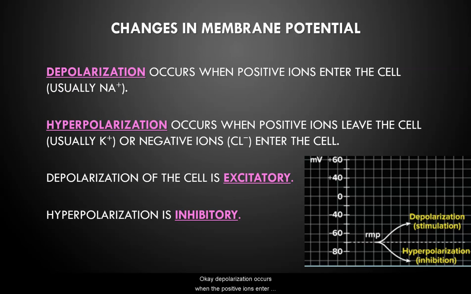Depolarization occurs when positive ions enter the cell. This is usually sodium. And hyperpolarization occurs when positive ions leave the cell, usually potassium, or sometimes negative ions entering the cell. Again, depolarization of the cell is excitatory. Hyperpolarization is inhibitory.